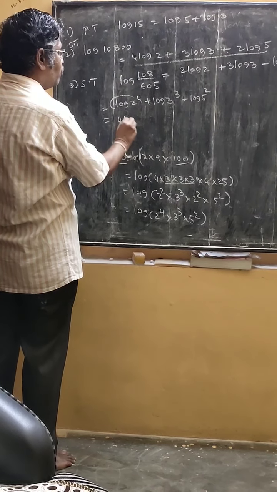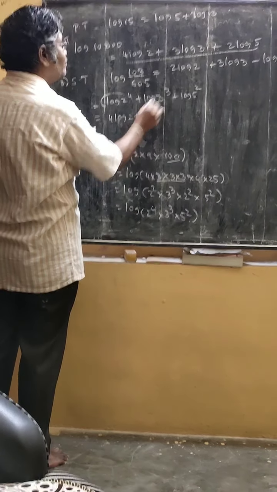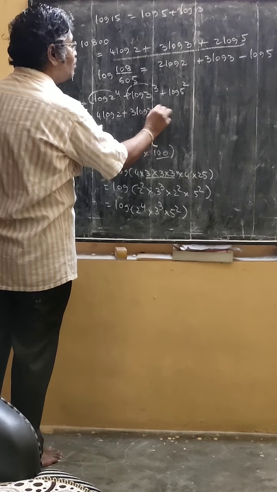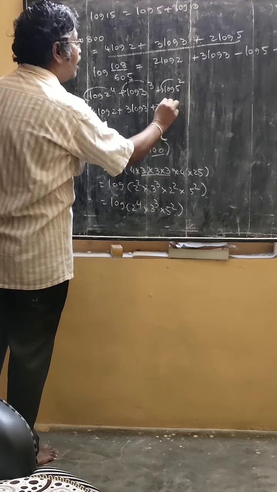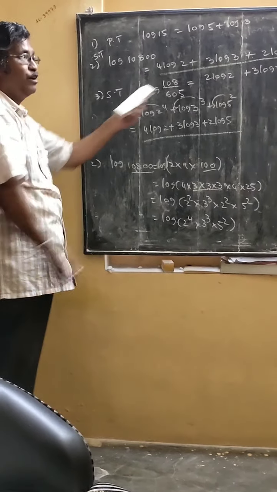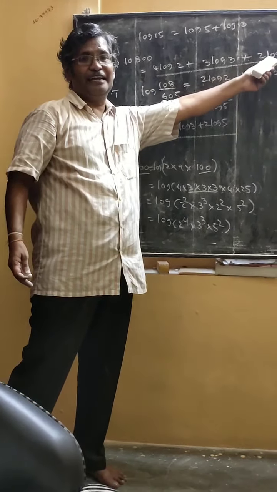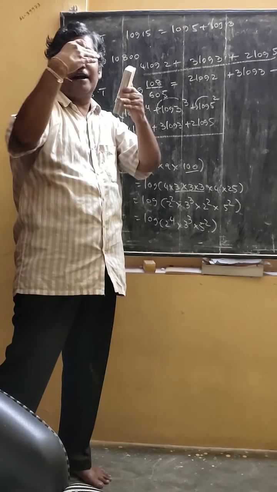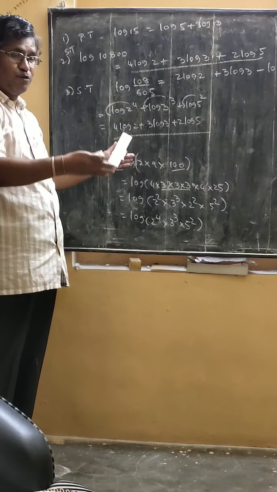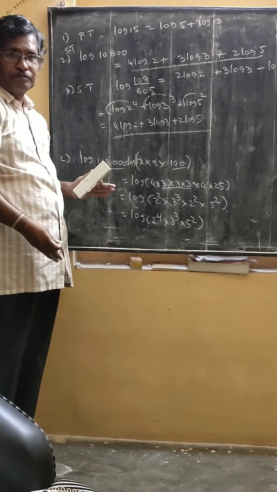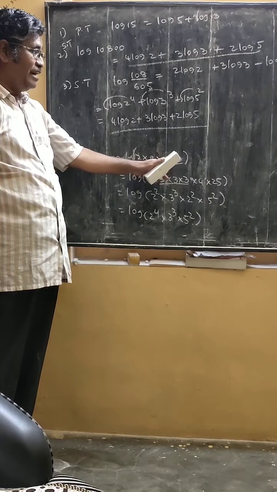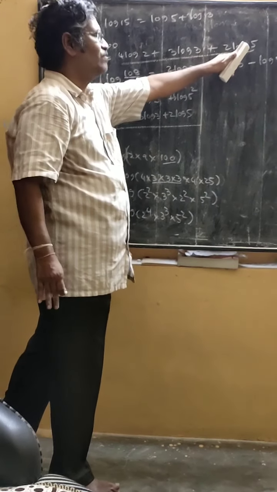So how can you write this one? 4 log 2 plus 3 log 3 plus 2 log 5. If you write 100 as 10 square you will get it, but there is no 10 in the formula. So according to the RHS, we have to split the product. It can be written as 10 into 10, no doubt, but then you won't get this answer.